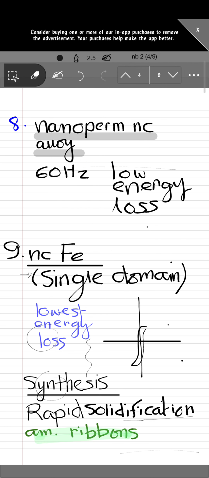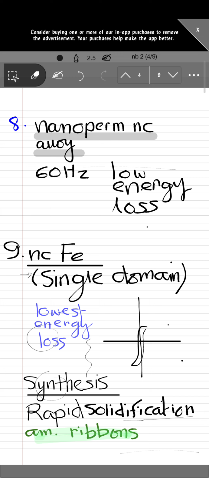There are other types of alloy, like nanoperm, a nanocrystalline alloy, which has got applications. It shows low energy loss at high power frequencies of 60 Hz. Another type of magnetic material is nanocrystalline iron, which is basically a single domain iron.